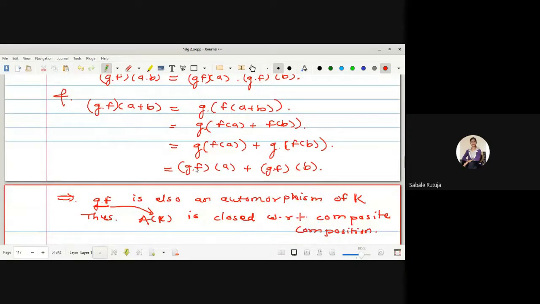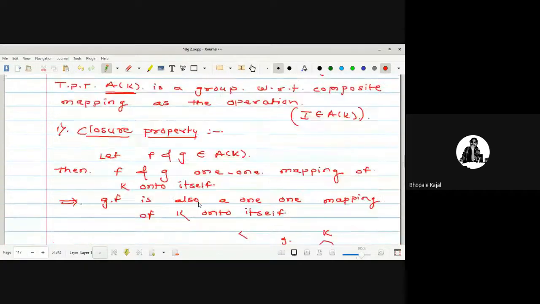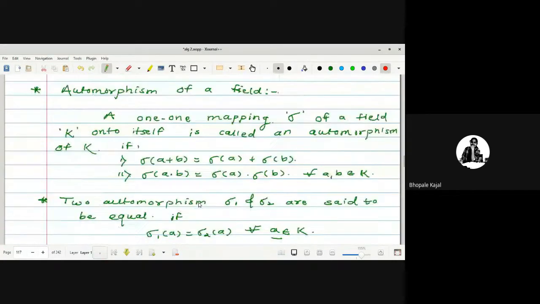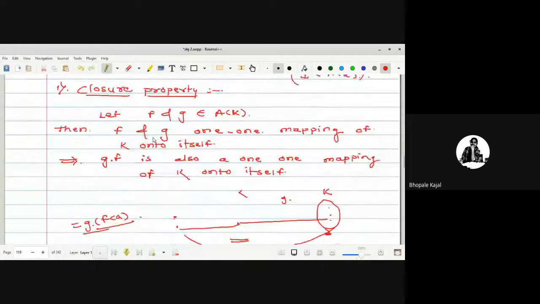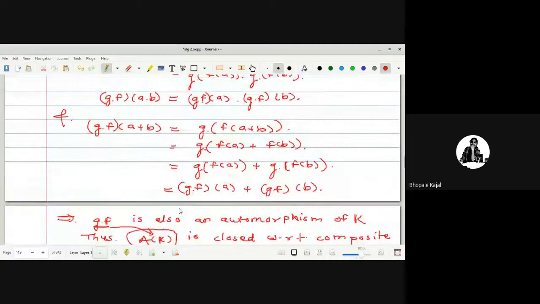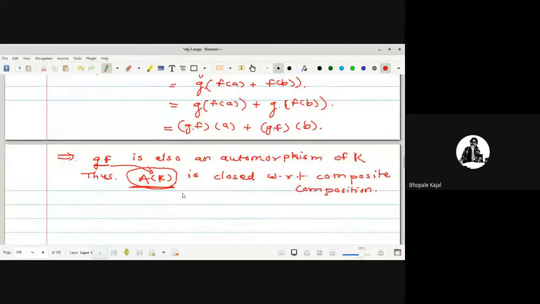If a function is to belong to this set, it must be one-one and onto, and it must also satisfy the two properties by the definition of homomorphism. Then that function belongs to the set of all automorphisms. So here G into F belongs to A of K.